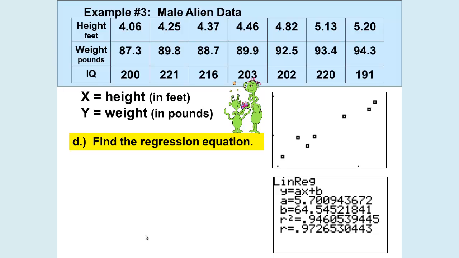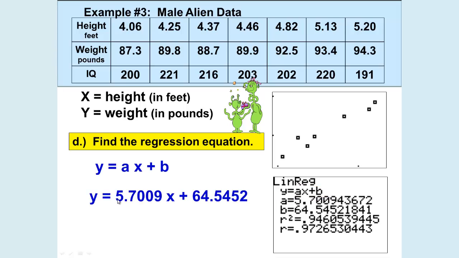Next, find the regression equation. From our screenshot, we have 5.7009x plus 64.5452. We did this earlier.